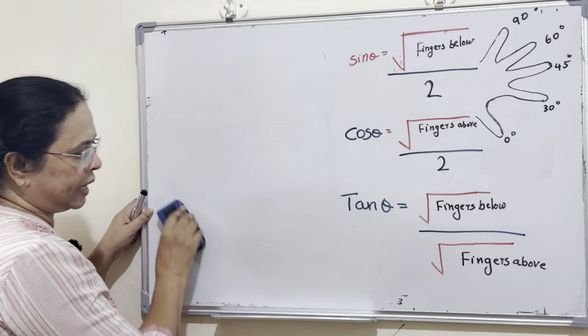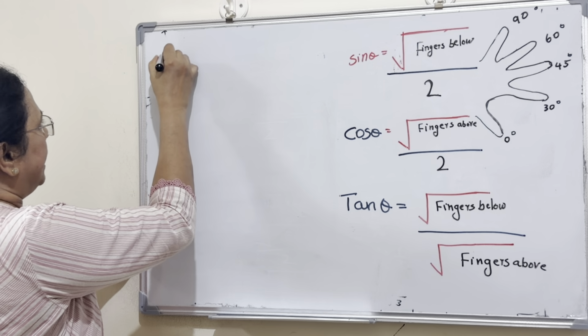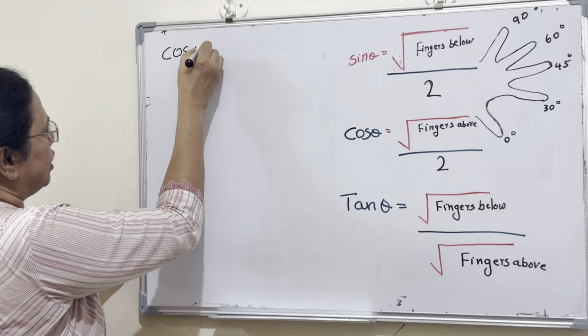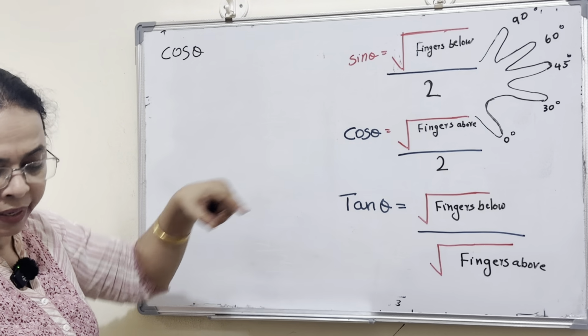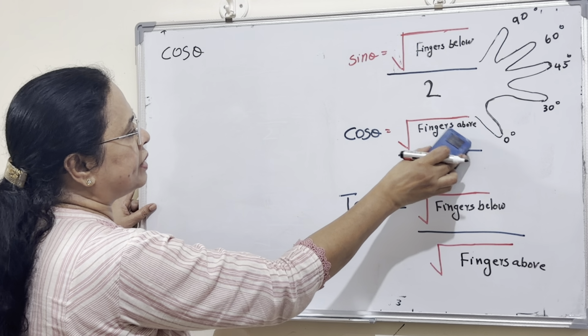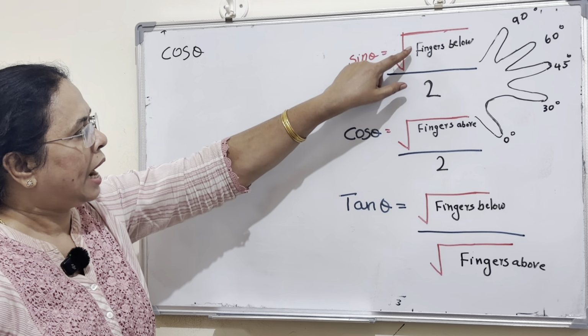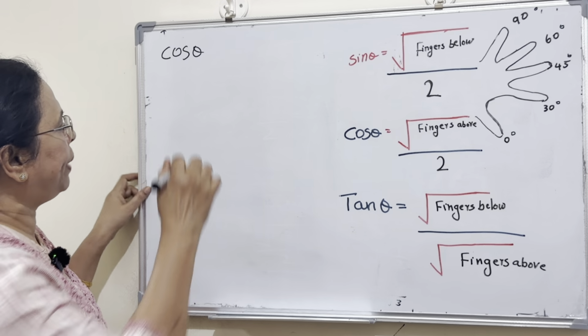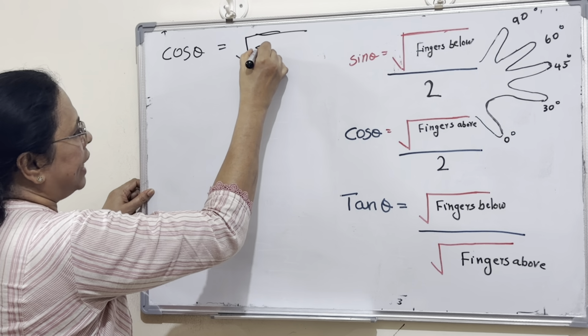Now let me check the cosine of the angle. When you go for cosine of the angle, cos theta, if you are writing, instead of fingers below, you have to go for fingers above. That is cosine of the angle. Under the root you have to place fingers above.